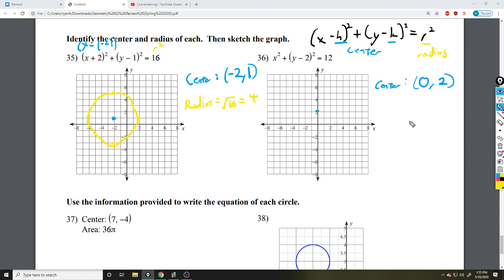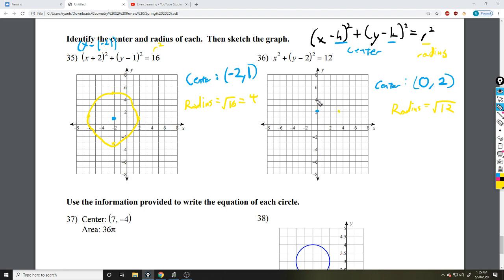Radius. Remember r is squared, so we need the square root of 12. Square root of 12 is a bit smaller than 4 and a little bit bigger than 3. So to approximate, to guess, we're going to go 1, 2, 3 and a bit.